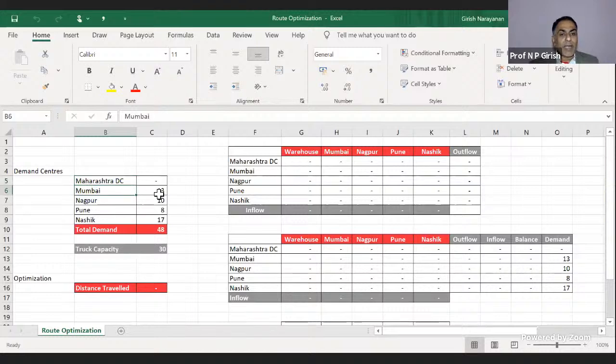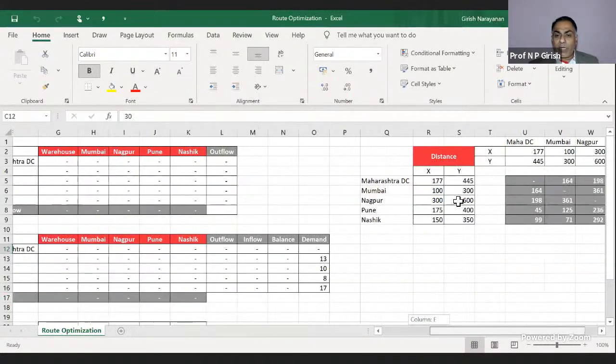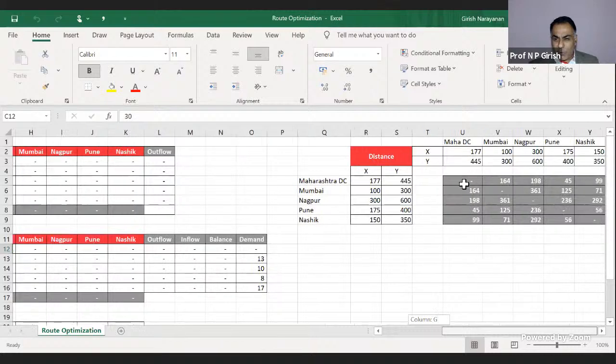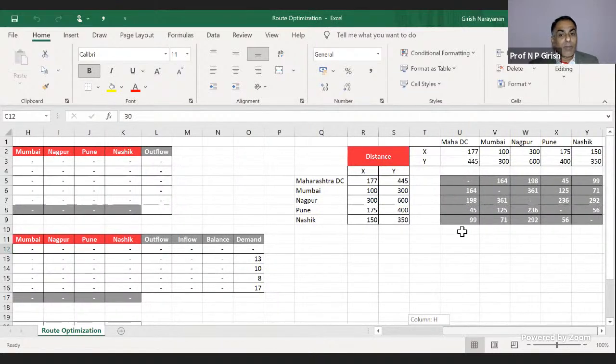And then talk about Mumbai, 13 units needed, Nagpur, let's say 10 tons needed, Pune 8, and Nasik 17. So total demand is 48 tons and your truck capacity is 30 tons. Okay. Now, remember we were talking about the coordinates. So we need to understand the coordinates. It is only at the back end. I don't want to be remembering it because a truck could be going.